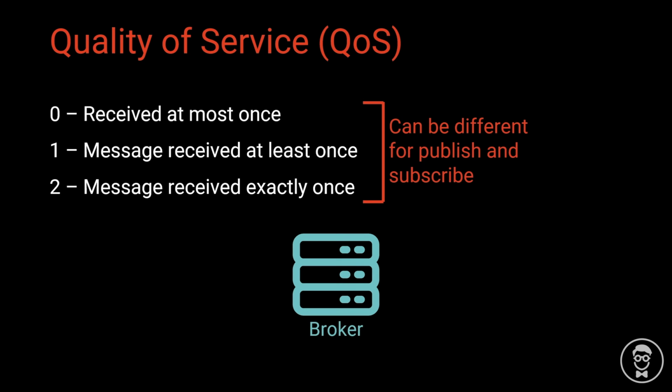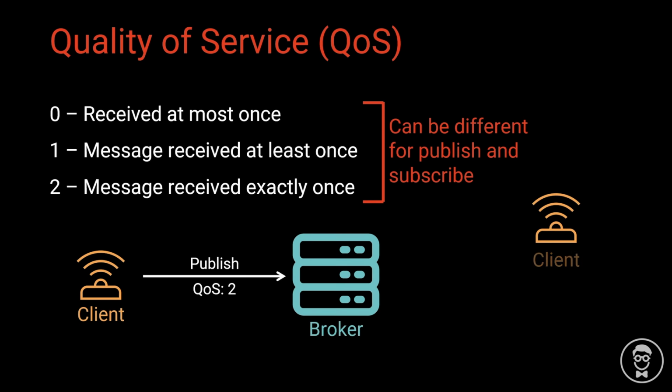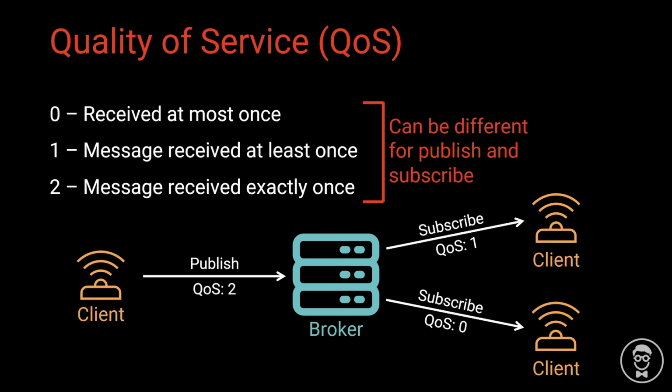So you might have one client that publishes a message at QoS 2, which guarantees delivery exactly once to the broker. You might then have a different client subscribe to that topic at QoS 1, which means the broker will guarantee delivery to that client at least once. Yet another client might subscribe at QoS 0 to the same topic, which means the broker will fire and forget messages to that client on that topic with no guarantee of delivery.